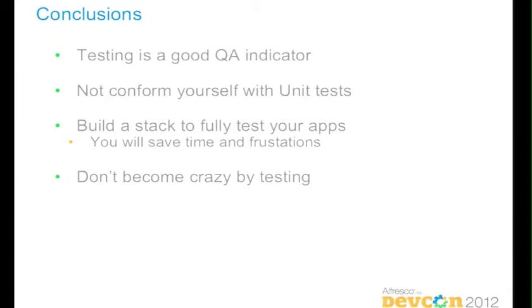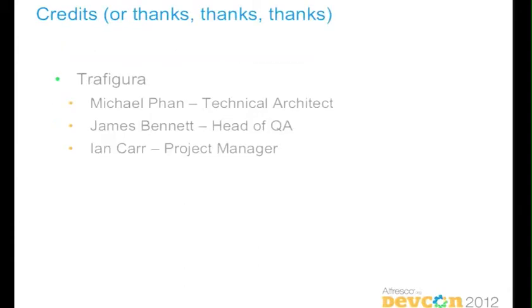Okay, last, I would like to say thank you to the customer staff. Okay, now it's time for Michael Fan to stand up. And a clap. He's the technical architect, and as I said, he's guilty of the fact that we have built this.